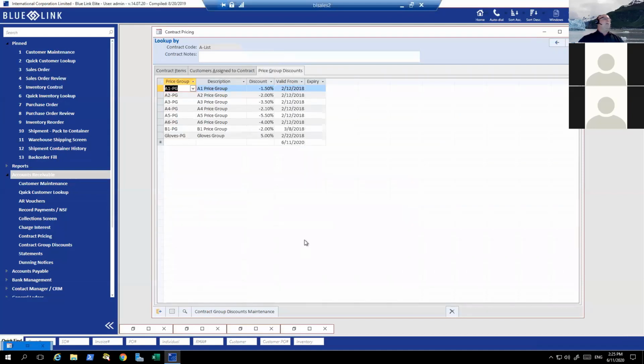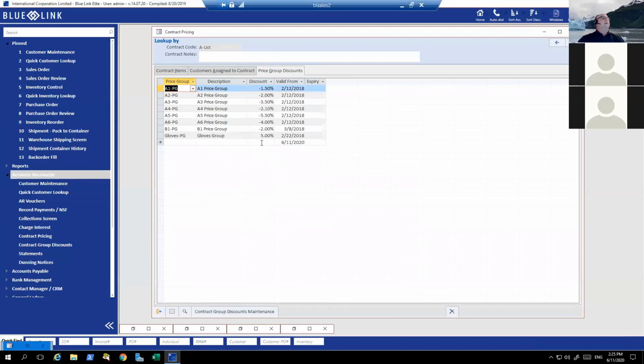If I go in here, I'm now in the A list, okay? A list is still for that contract, but I can associate the price group of A list or A1 PG, A list or A2 PG, and I can tell the system which discounts or markups that I want in the system.